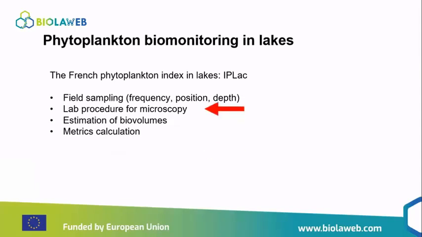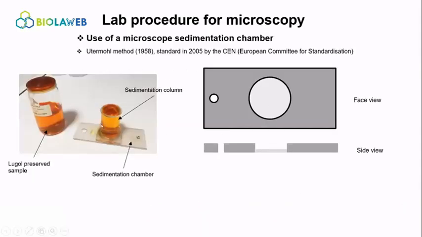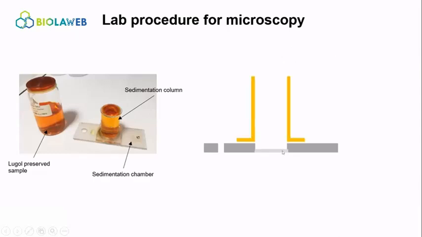Okay. So this is in the field. So you come back to the lab and you're going to look at it on the microscope. We use this kind of sedimentation column. This is the sample. It's yellow because of the lugol. It's a way to preserve the sample. And you pour this sample in the sedimentation column for a couple of hours.